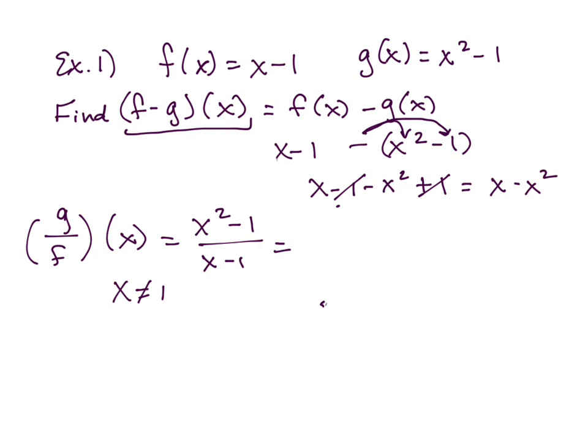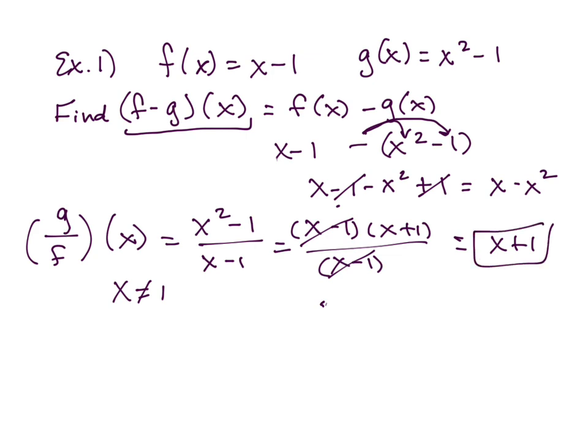How does that factor? Good. X minus 1, x plus 1, all divided by x minus 1. Now we can cancel those. Those are cancel buddies. And so what are we left with? X plus 1. That's our new function, provided that x does not equal 1.